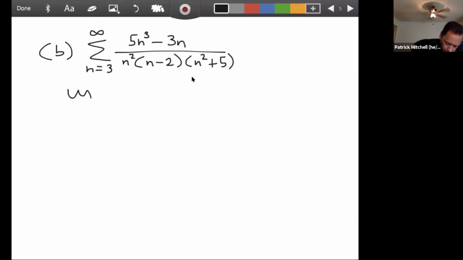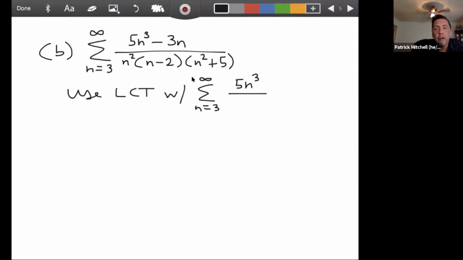And let's use the limit comparison test with the sum n going from 3 to infinity of 5n cubed over n squared times n squared, which is n to the 5th.